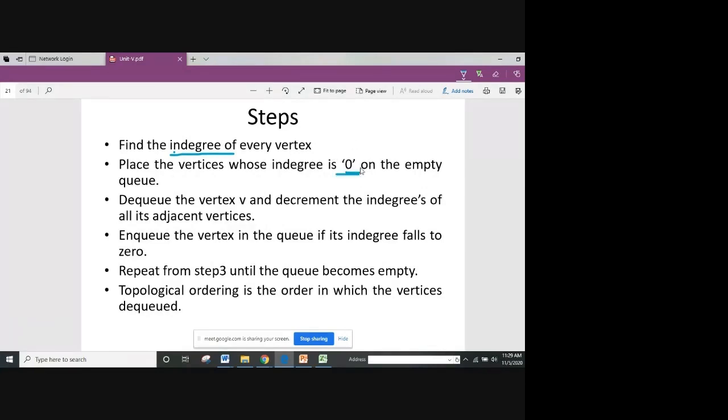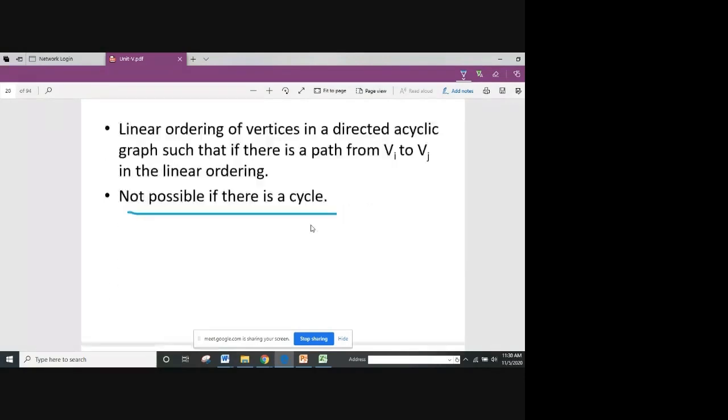If any vertex's in-degree is 0, you have to put that vertex into the queue. And from the graph or from the matrix, how do you find the adjacent vertices from the matrix?